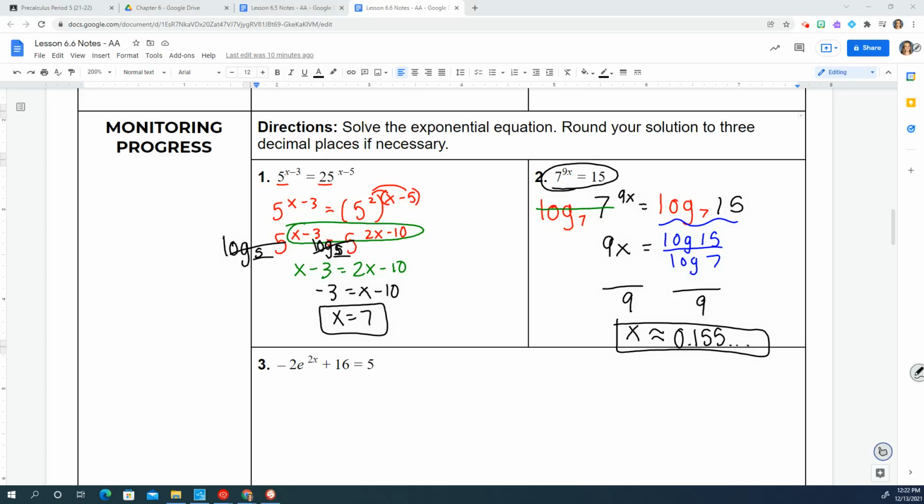I'm just doing the red part to both sides, the log base 7. So this 7 was in my equation. Not 2 7s. And the reason we picked 7 is so those would cancel out. Yep. Good question.